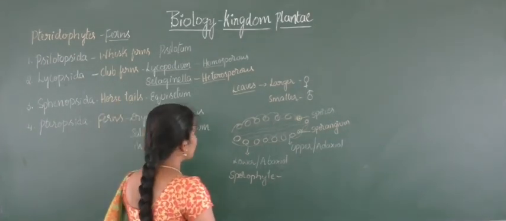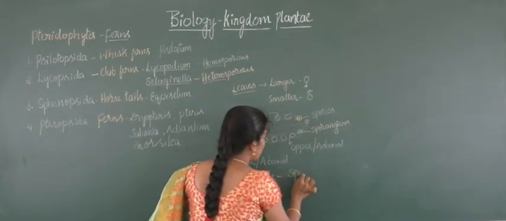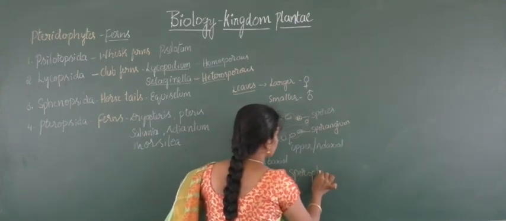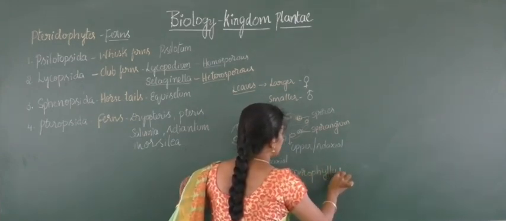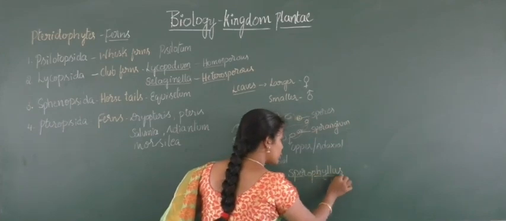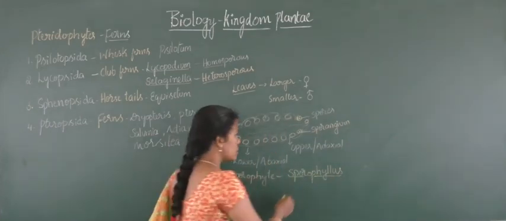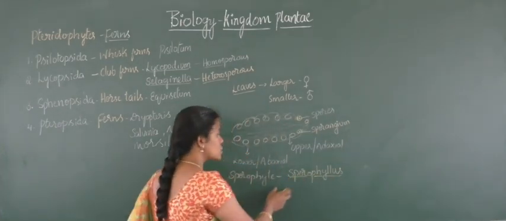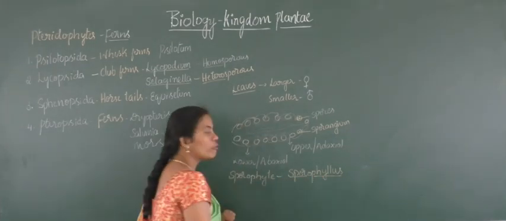The leaves of pteridophytes are said to be sporophyllous, because phyll means leaves. Spores are present on the leaves, that's why it is called sporophyllous.